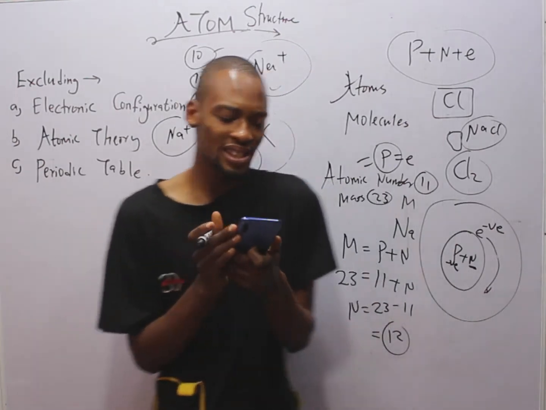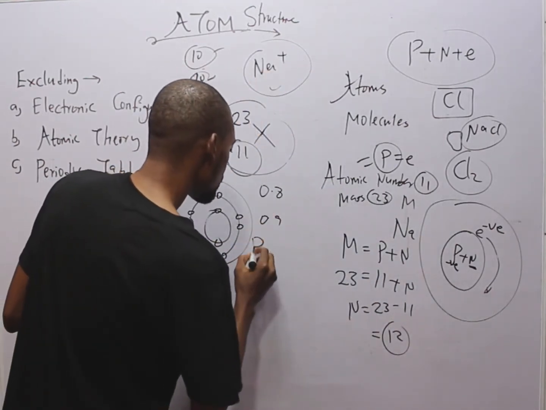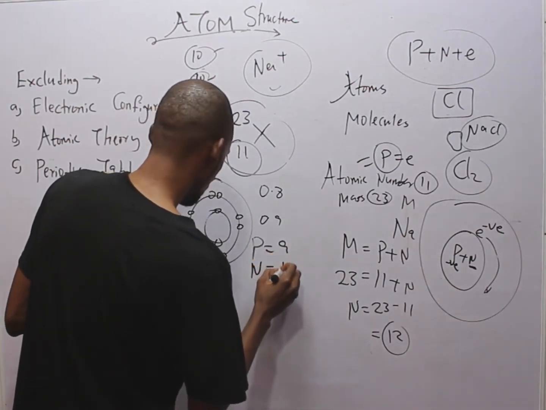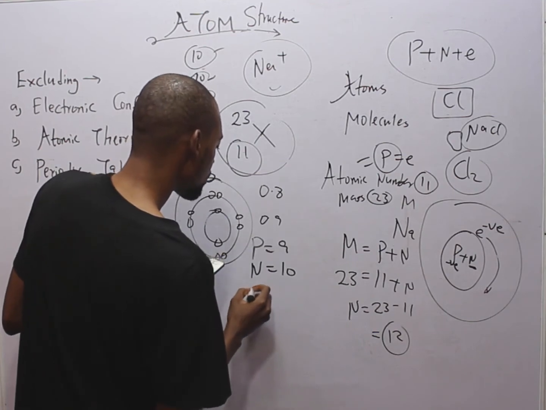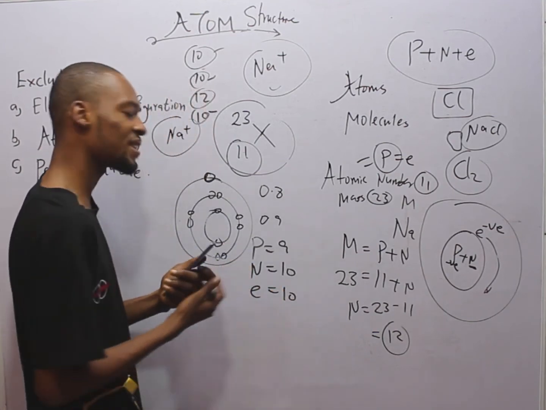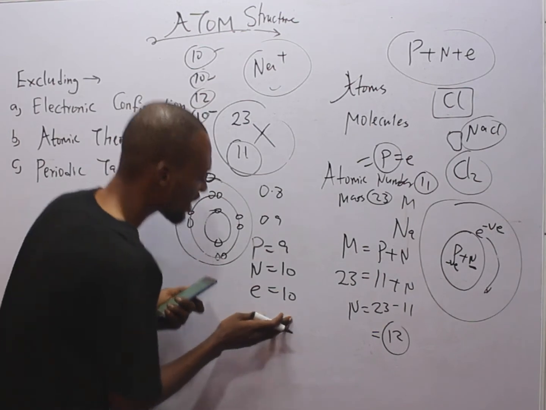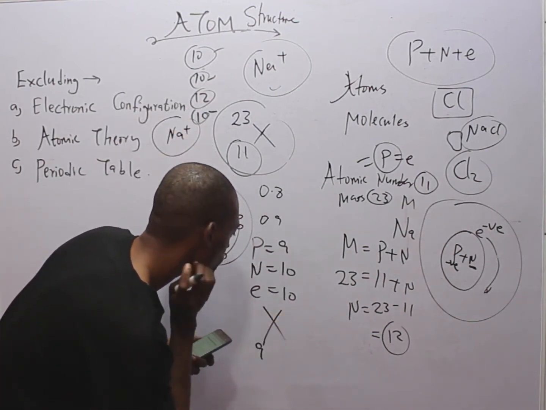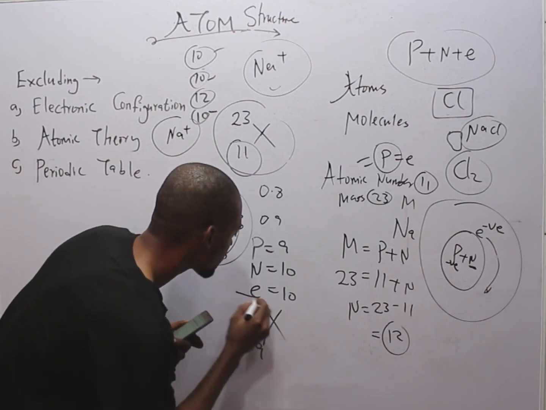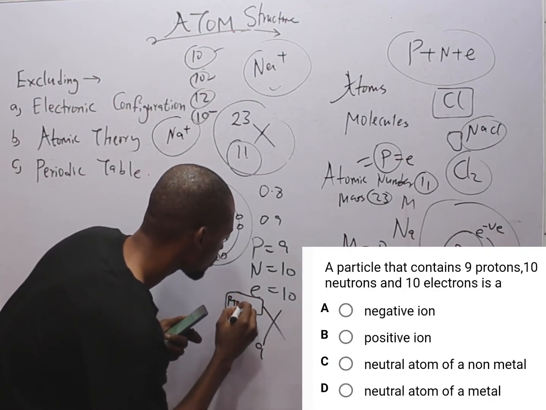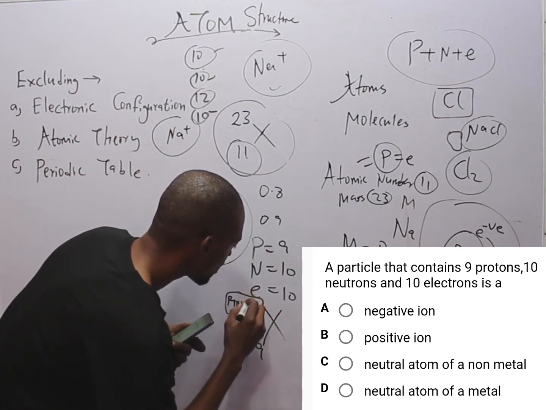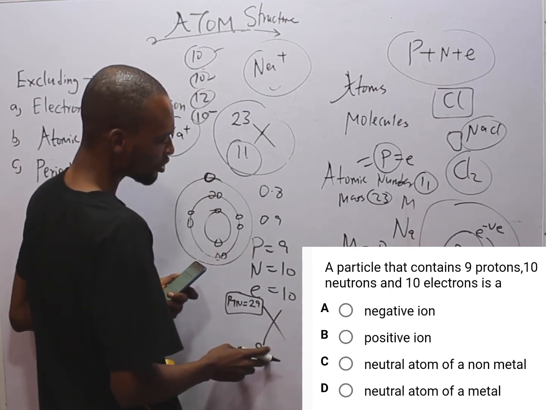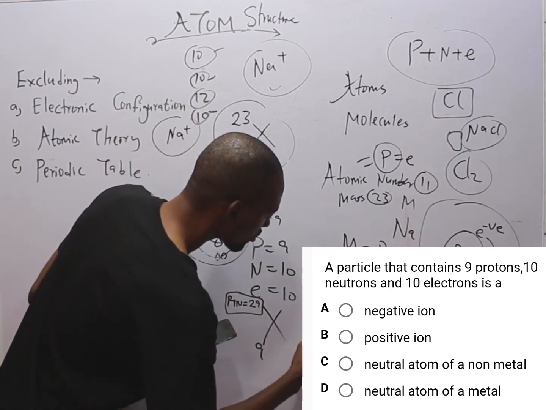A particle that contains 9 protons, P equals 9, 10 neutrons, N equals 10, and 10 electrons, E equals 10, is a dash. So this is the same thing as, let's call it, proton is atomic number 9, mass is proton plus neutron equals 19. In this case, the number of protons, 9, is not equal to 10.